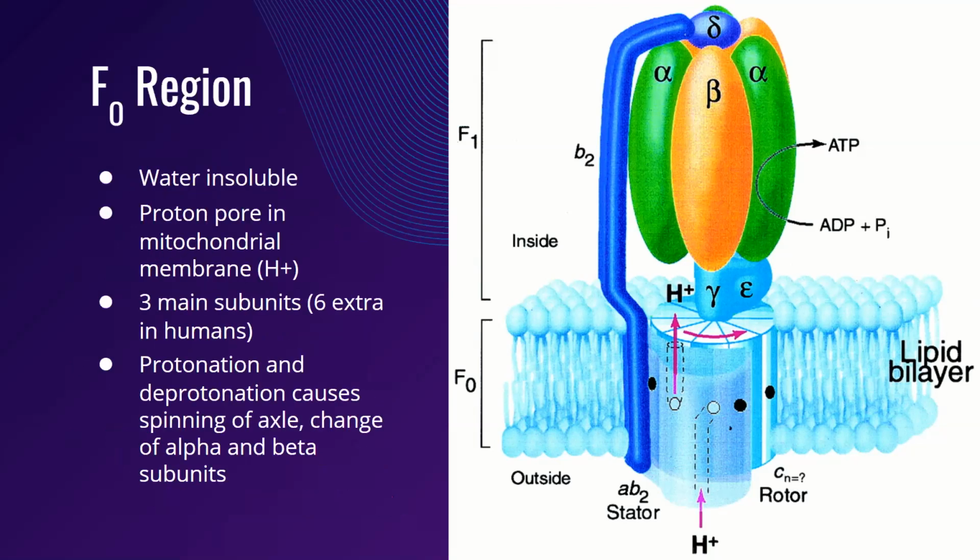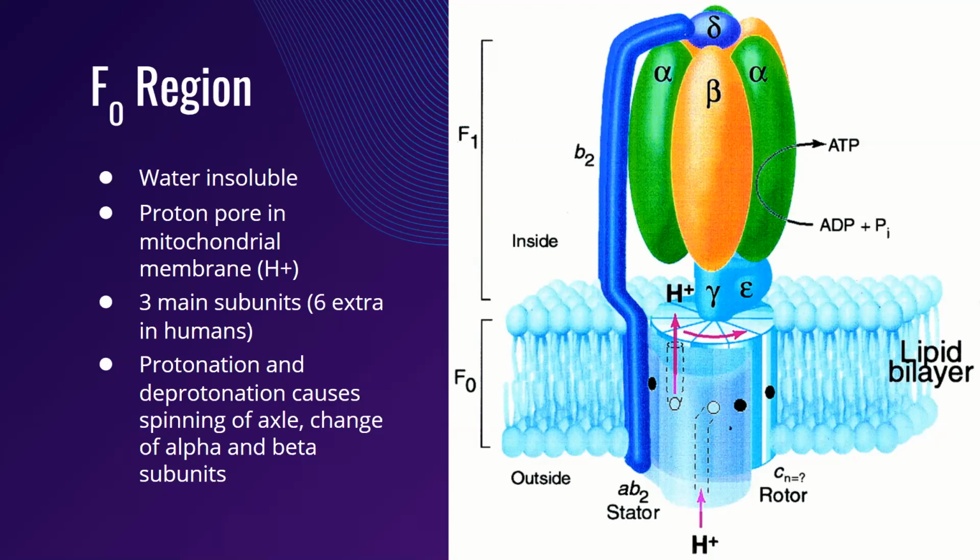Next, we move on to the F0 region. The F0 region, which is located on the inside of the lipid bilayer, is water insoluble, also known as hydrophobic. If you recall, F1 is hydrophilic, which means it likes water. There's water inside cells, so that's why the hydrophilic end, the F1, stays on the inside of the cell.